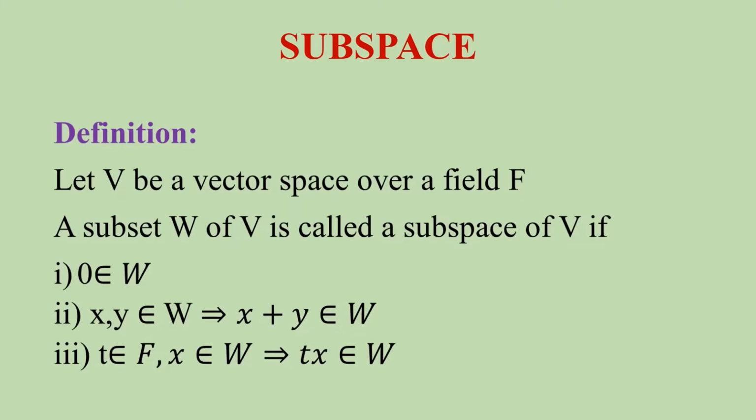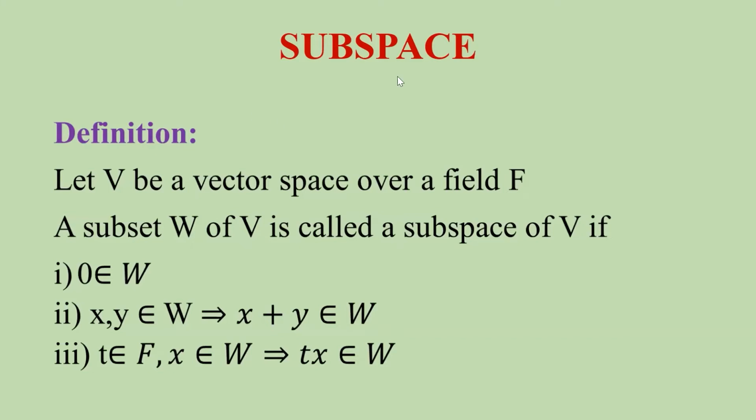Now we are going to see what a subspace is, and first the definition. Let V be a vector space over a field F, and take a subset W of V. We say W is a subspace if there are three conditions.